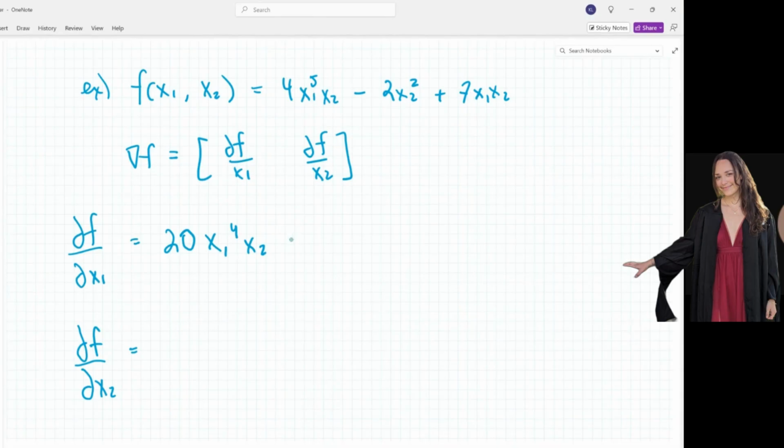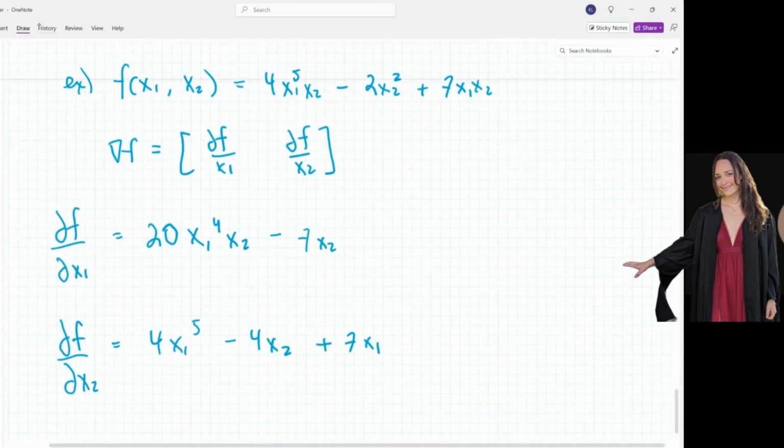And then our third term is going to be 7x2. And then for the partial derivative with respect to x2, we are going to end up with 4x1 to the power of 5 minus 4x2 plus 7x1, all using the power rule.